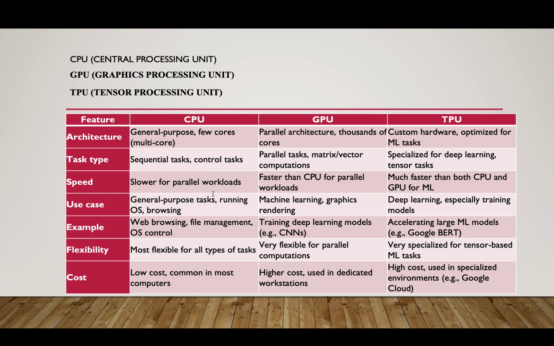A central processing unit is the brain of the computer. It is designed for general purpose computing and handles a wide variety of tasks. A CPU is composed of multiple cores, usually between 2 and 32 cores in modern CPUs, and each core can handle a single instruction or task at a time.